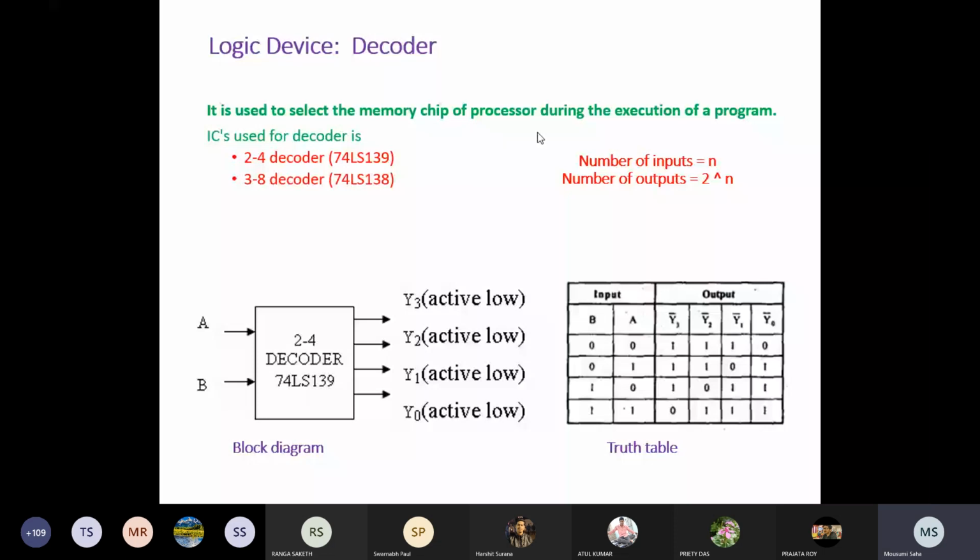So in each and every row of your truth table, from y0 to y3, only one zero value you can have. You cannot have more than one zero value. Always you have a single zero from y0 to y3. With the help of that zero value you can select, or identify, your device.